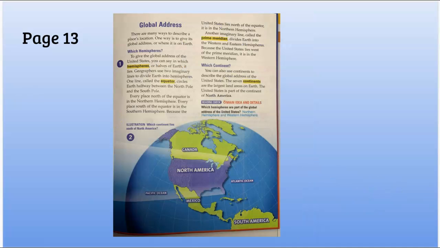So now we're on page 13. At the top of the page, it says global address. So just like we all have house or apartment addresses, the United States has a global address. Just as an aside, when people say, where do you live? You can say, well, I live in Berkeley Heights or I live in New Jersey.